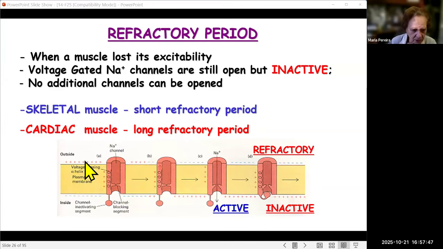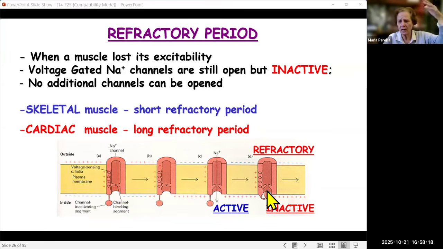When there's an action potential coming down along the sarcolemma, the alpha helix of this channel changes in shape and allows the activation gate to open. So the activation gate opens and sodium rushes in. When the action potential reaches plus 30 millivolts, the inactivation gate closes the channel.